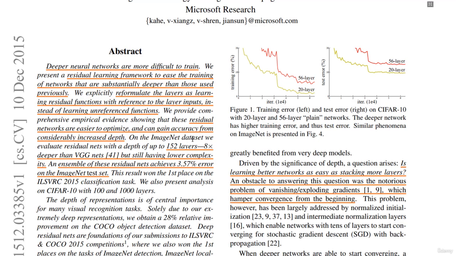On the ImageNet dataset, we evaluate residual nets with a depth of up to 152 layers. That is 8 times deeper than the VGG nets, but still having lower complexity. An ensemble of these residual nets achieves 3.57% error on the ImageNet test set. And these results won the first place on the ILSVRC 2015 classification test.